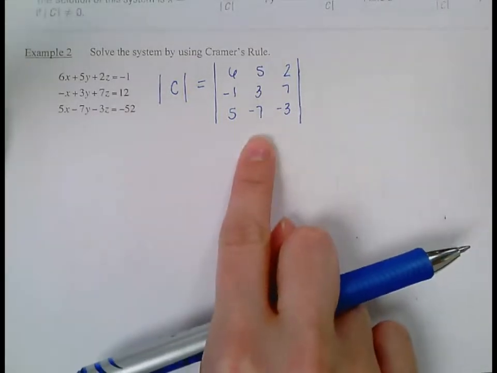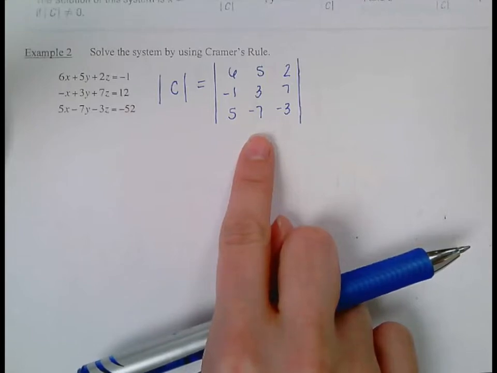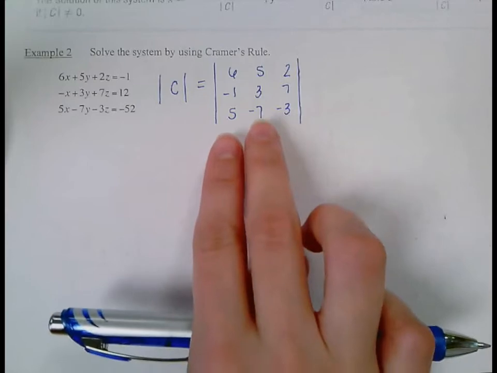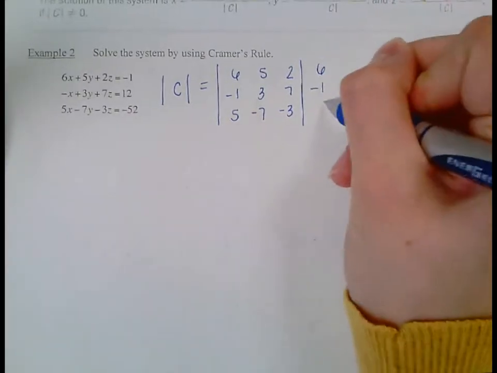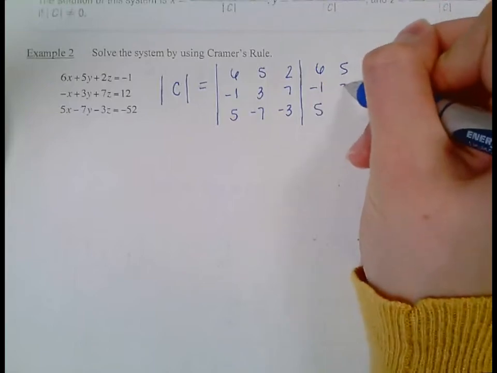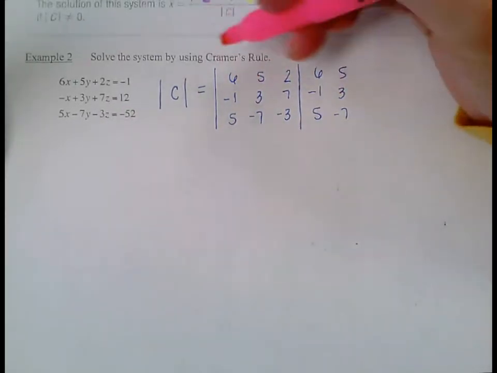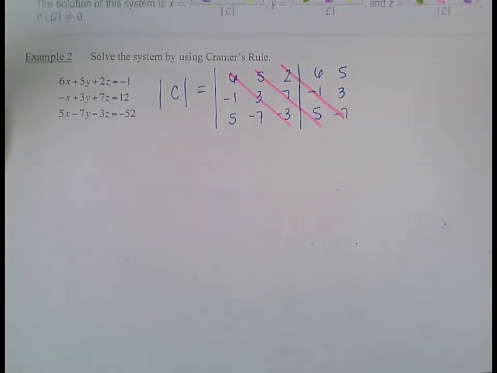When you find a 3 by 3 determinant, what do you have to do first? You gotta put that. Yes, rewrite your first 2 columns. And then I start in the upper left and find the 3 diagonal products.